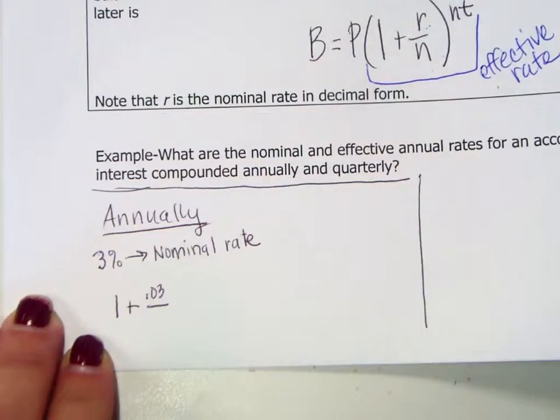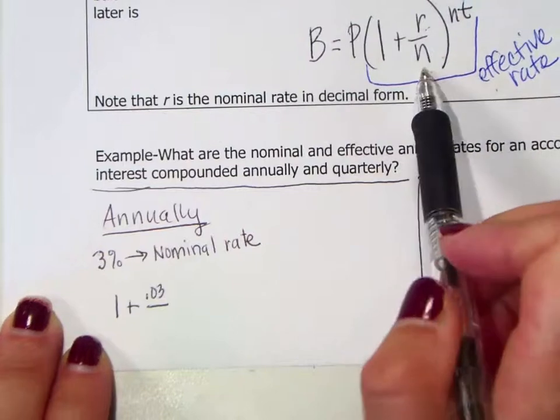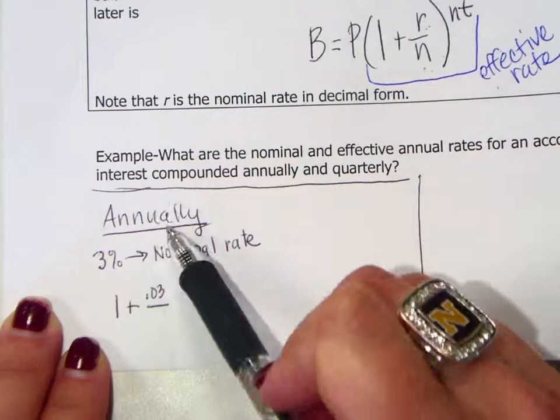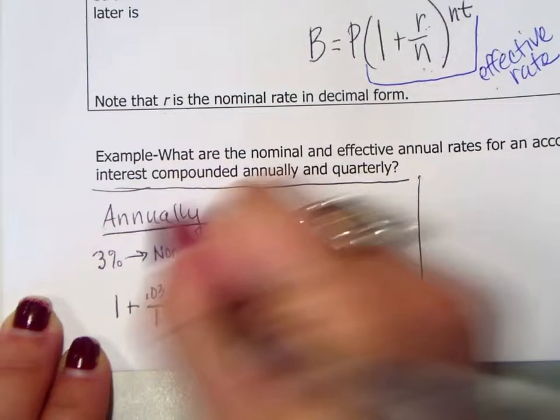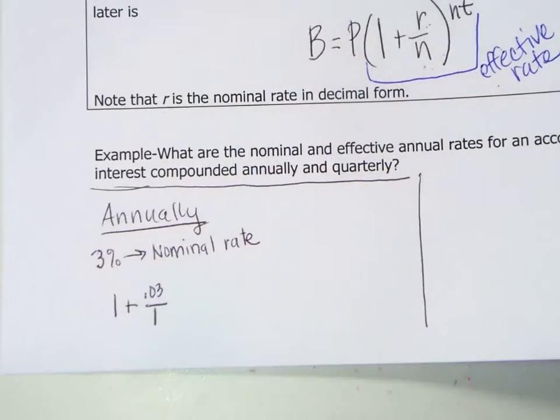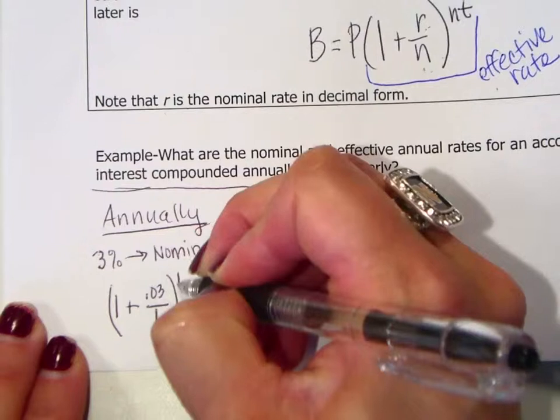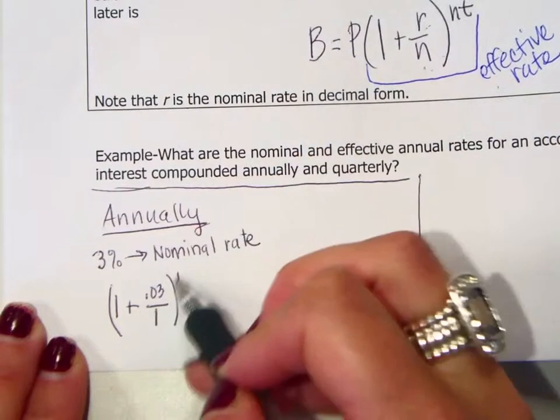N is the number of times per year that I am compounding. If I'm compounding annually, I'm only compounding once. And this is to the N. Those two numbers are always the same. And we're only doing this for 1 year.